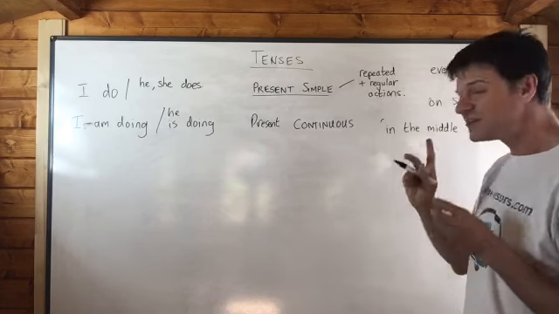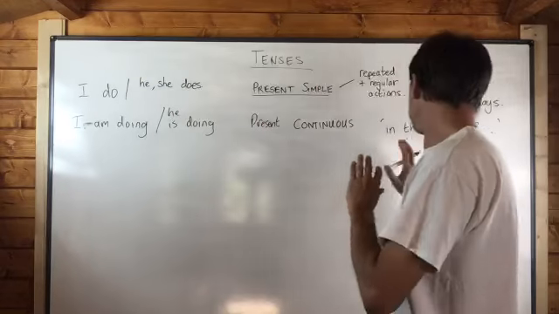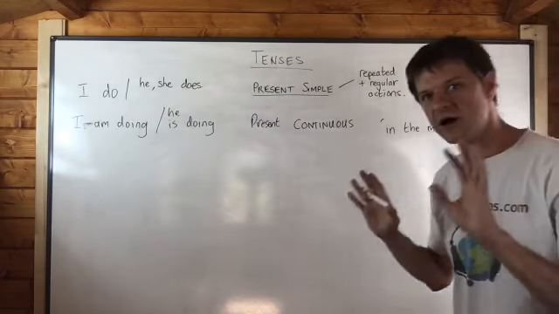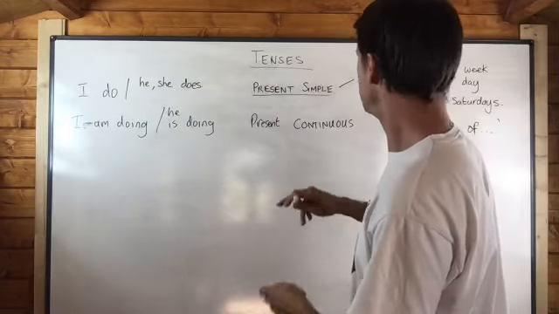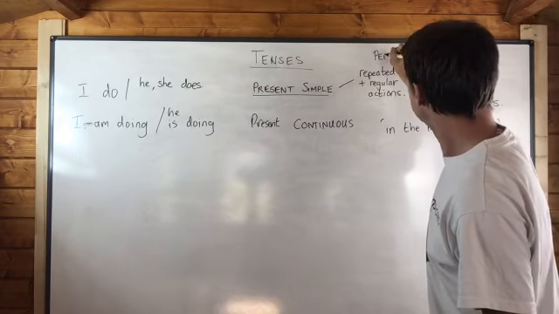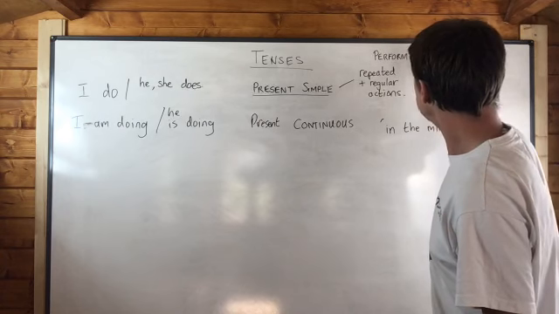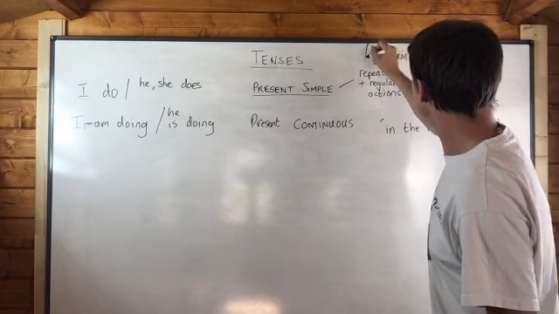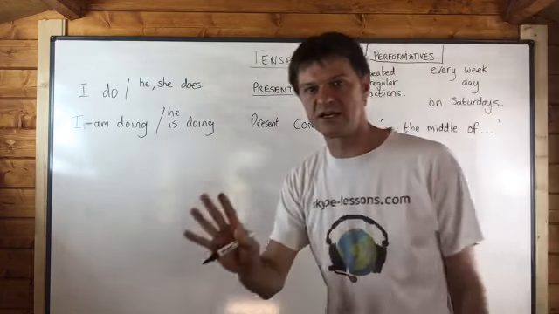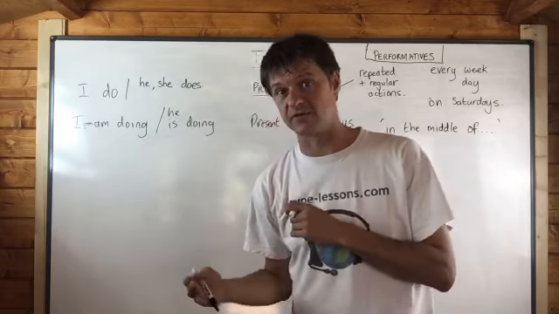However, this isn't actually always true. I'm not sure that you've been taught this before, but there are some verbs in English which are called performatives. And performatives are very important because they're always used in the simple form and not in the continuous form, even though you are technically in the middle of the action.